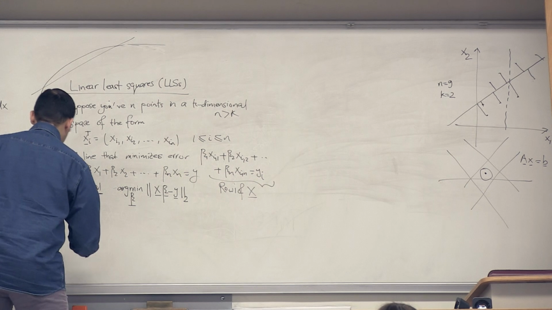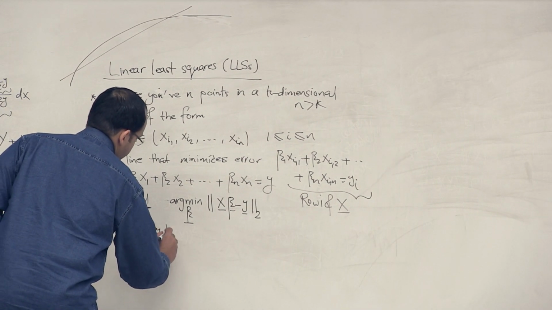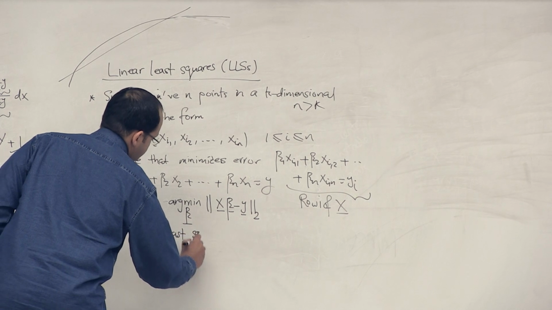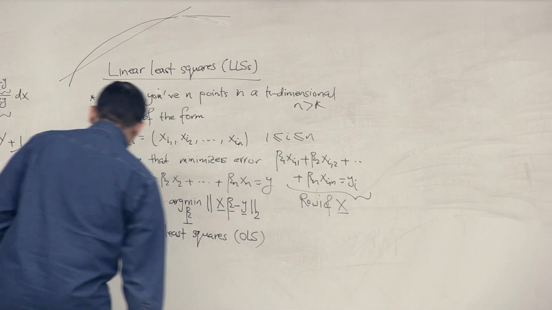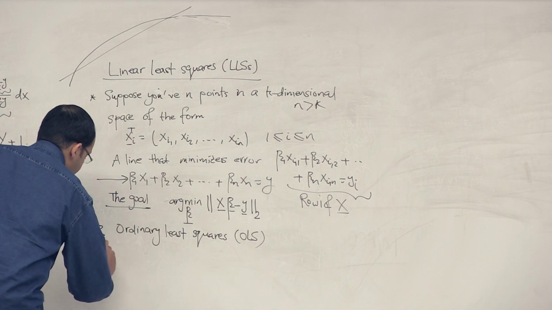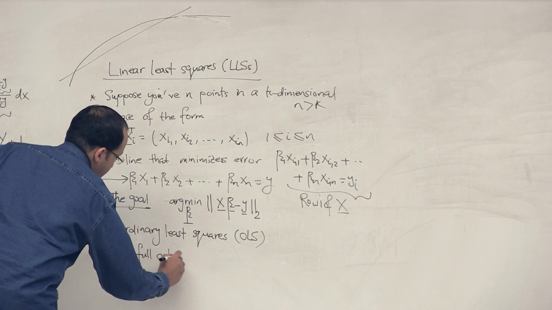The last example in the first lecture is called ordinary least squares, OLS. And here, the matrix X has full column rank.